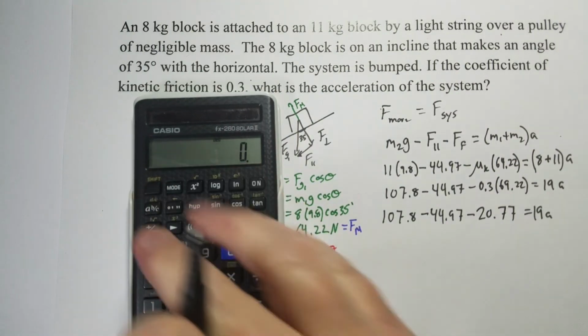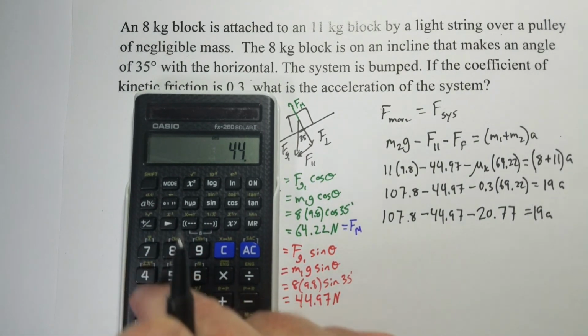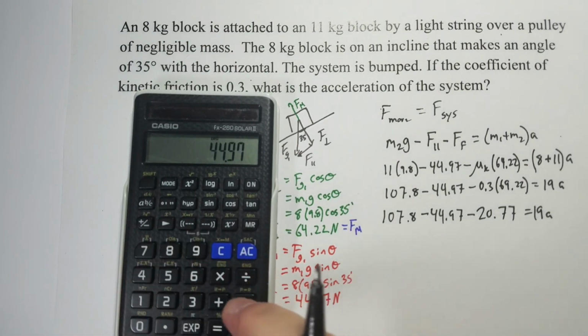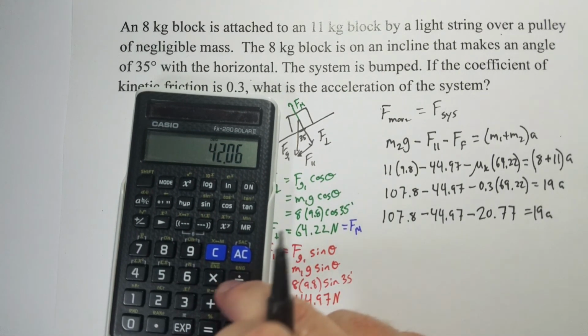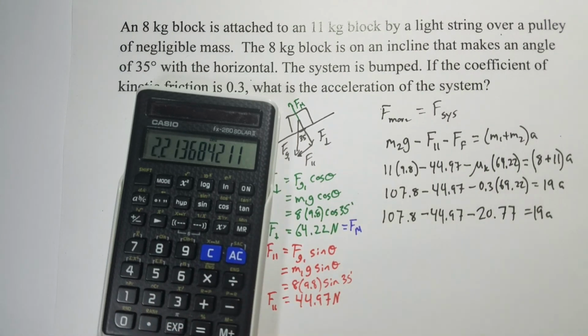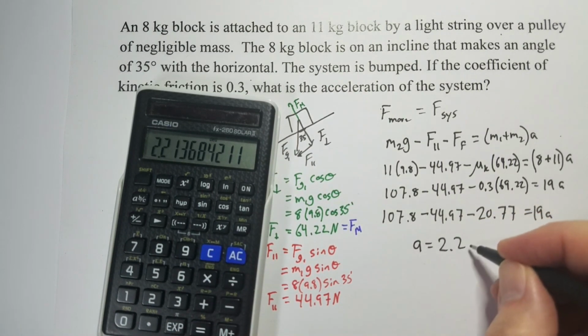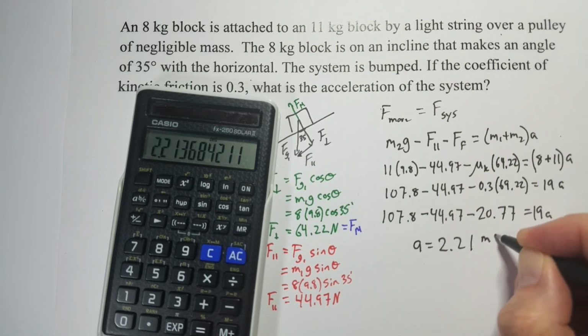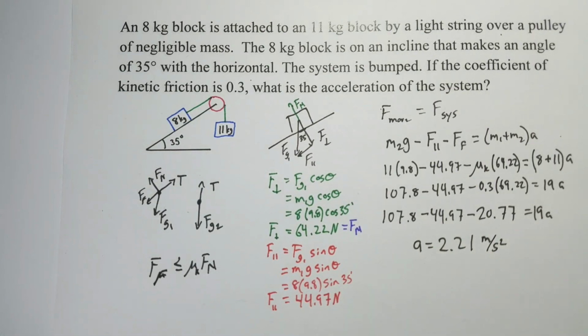All right, let's do all the math. 107.8 minus 44.97 minus 20.77 equals, divide by 19, and we get an acceleration of 2.21 meters per second squared for that block going up the incline.